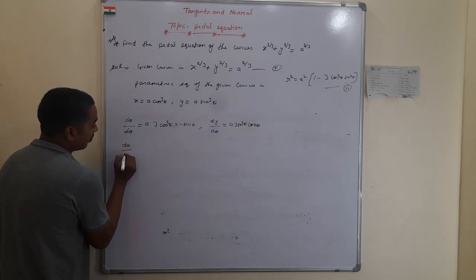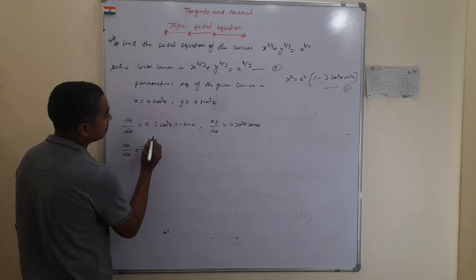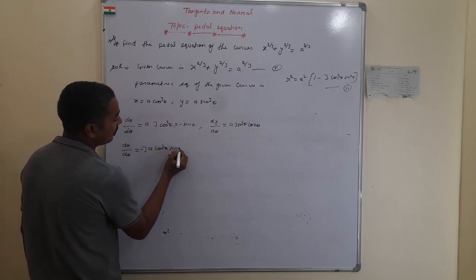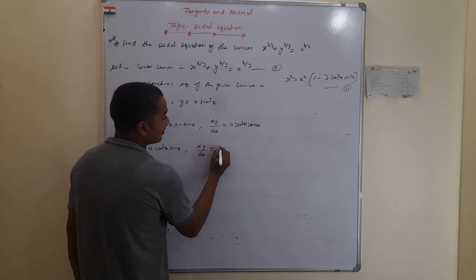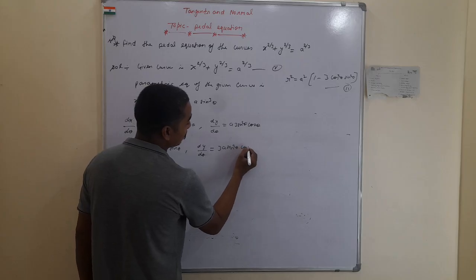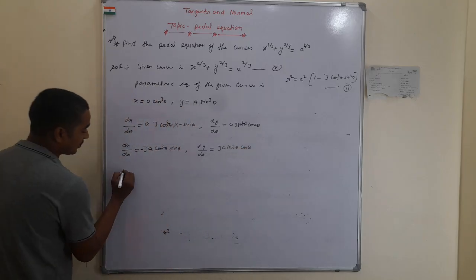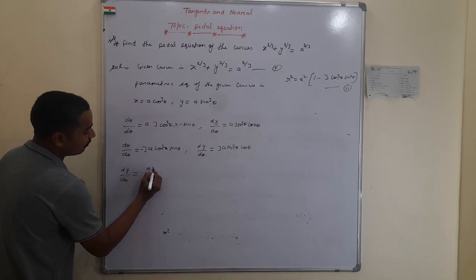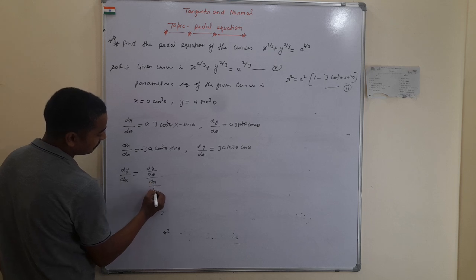So dx upon d theta is equal to minus 3a cos square theta into sin theta, and dy upon d theta is equal to 3a into sin square theta into cos theta. And from here we have to find the value of dy upon dx. dy upon dx is given by dy upon d theta upon dx upon d theta.